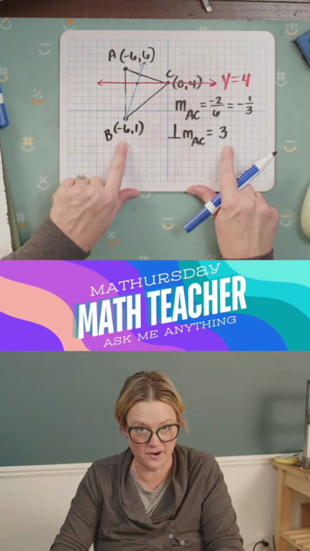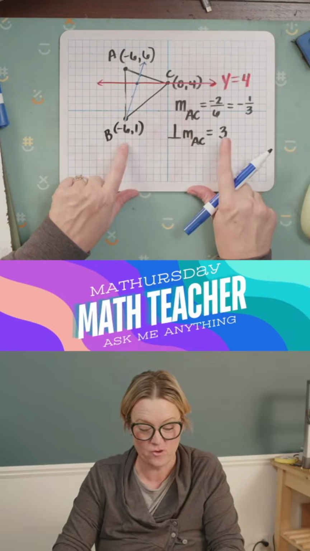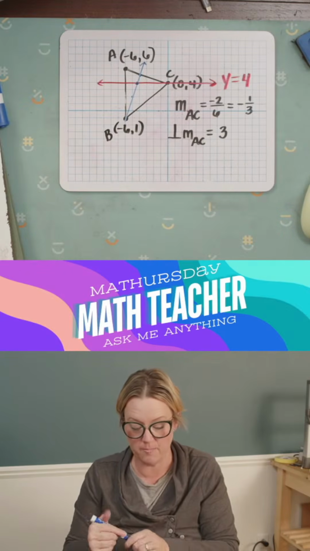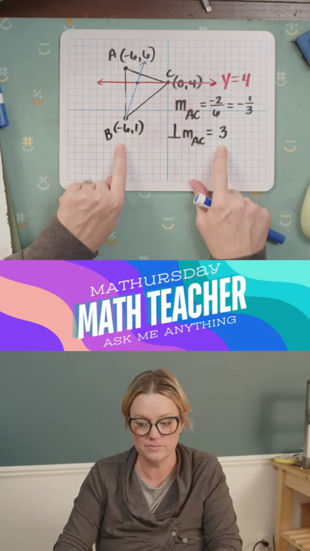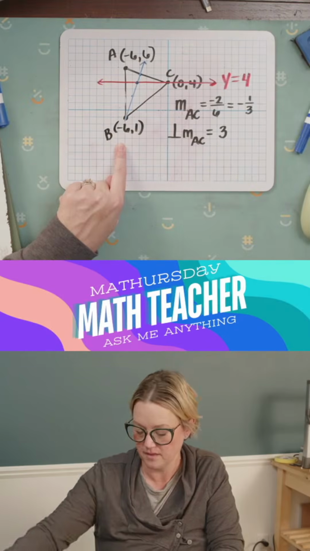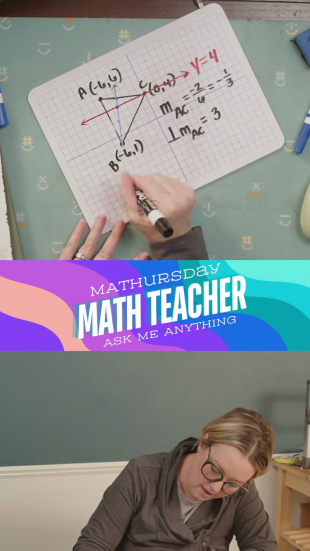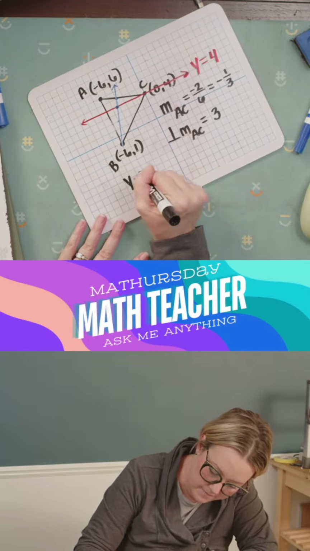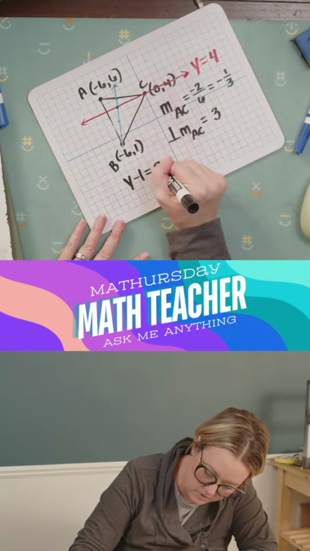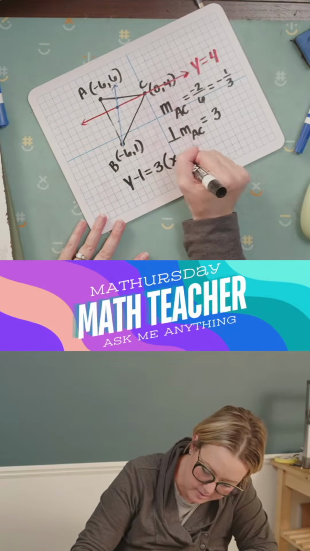Now, last year, I know you guys spent a lot of time writing these equations, right? I've got a point and I've got my slope. Point slope form. So point slope form, I have, let's see, y minus 1 equals 3 times x plus 6.